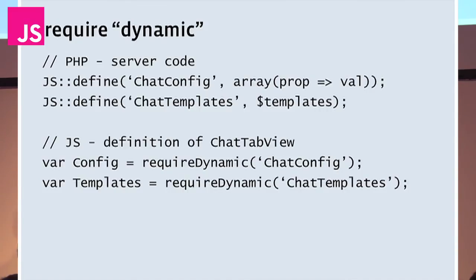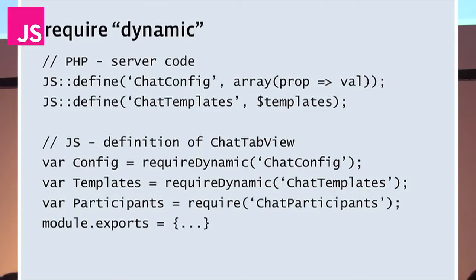We use require dynamic because this approach is a little bit fragile. You can end up with a client in a state where it needs a module that the server forgot to prepare for it. By using require dynamic, we can keep better track of what the client needs in order to be able to initialize. But you can freely mix require dynamic statements with regular require statements and then go about your business.